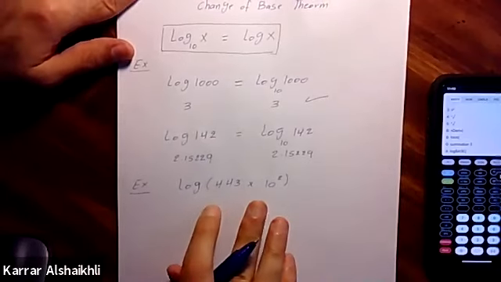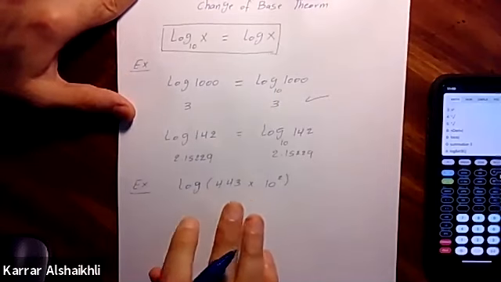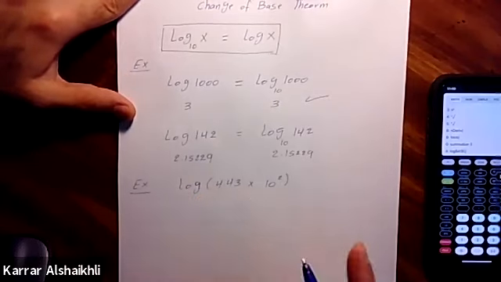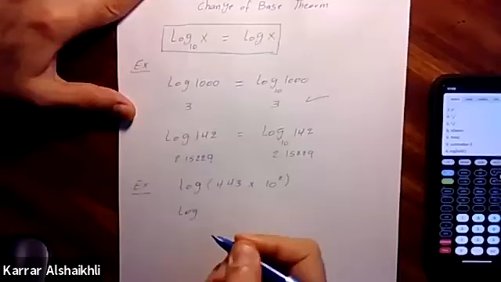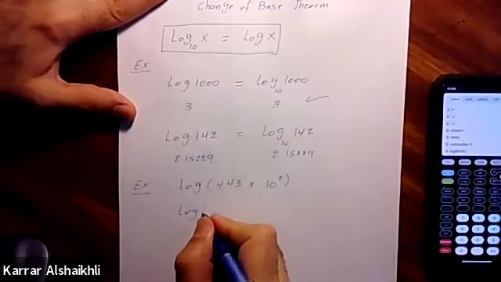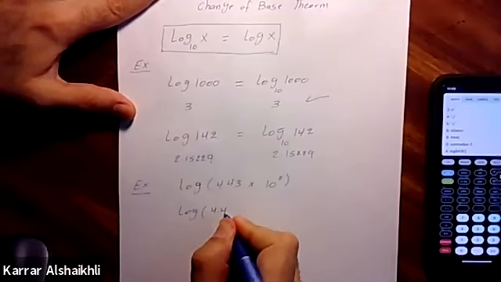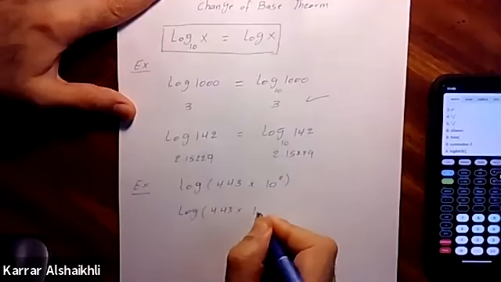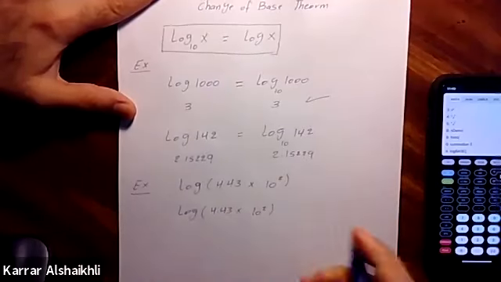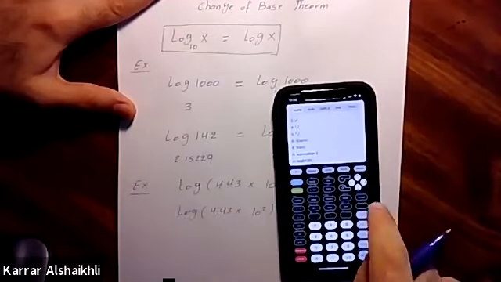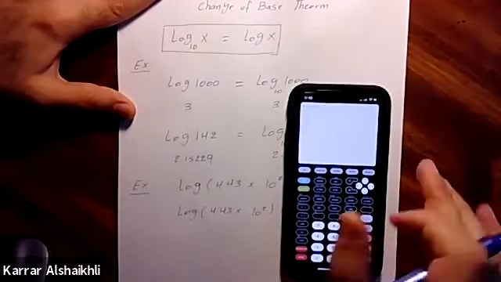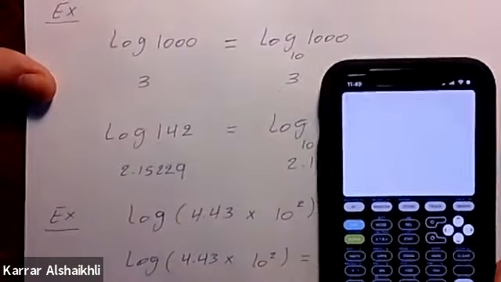There are 2 methods to solve this one. The first one: log of this number, you can just plug it into the calculator. Check how I'm going to plug it in.